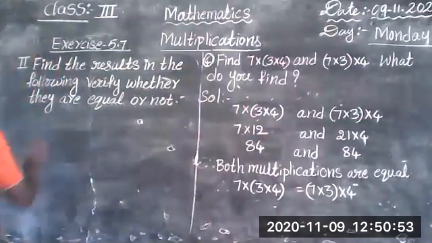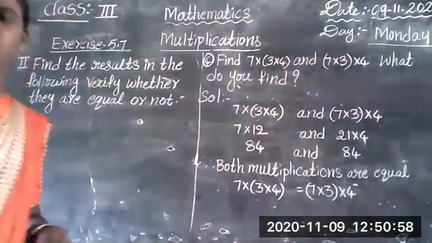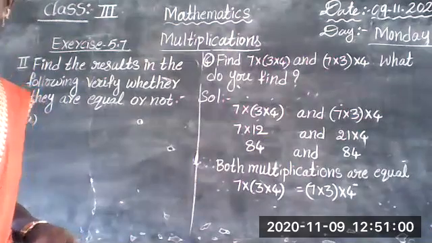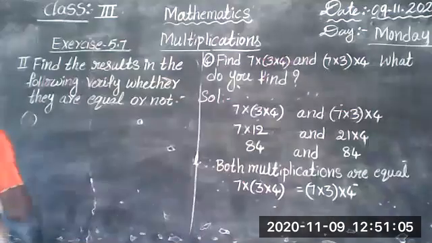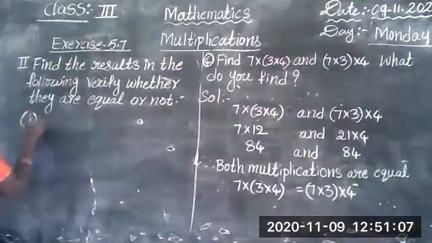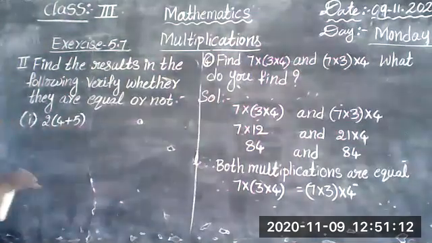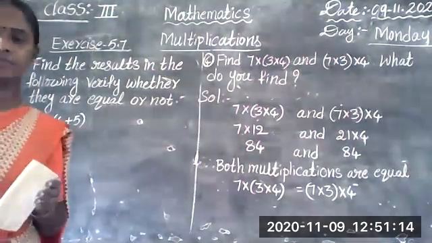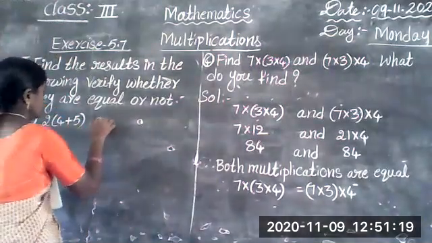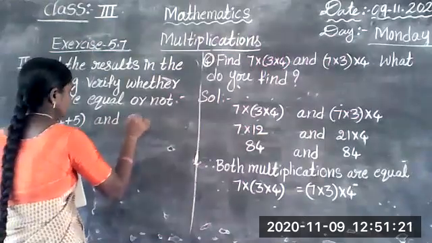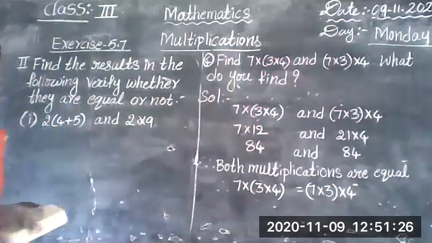Okay, first. What is the first one? 2 into 4 plus 5, and 2 into 9.